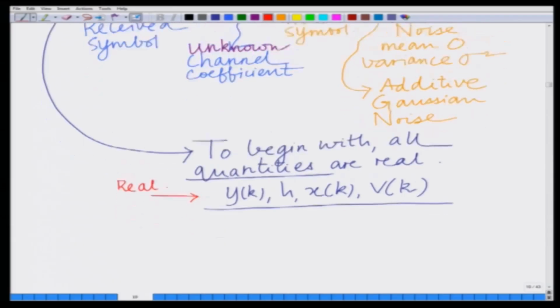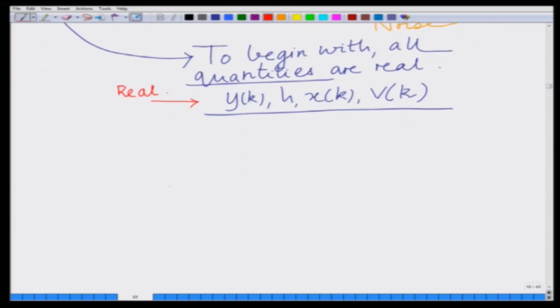And one of the most popular schemes for channel estimation is what is known as pilot or training symbol based channel estimation, and that can be described as follows. So, let me rewrite this system model again. We have yk equals h xk plus vk.